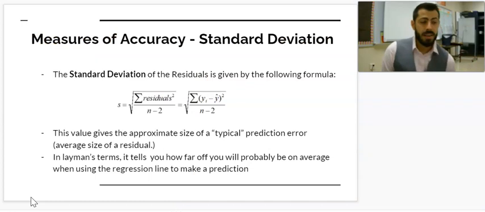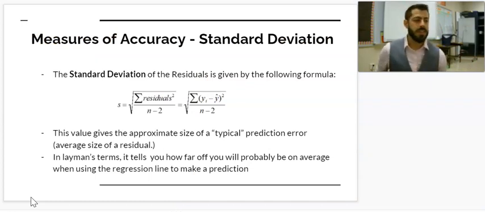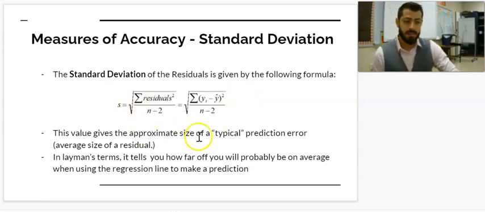Next up, we have standard deviation. So the standard deviation in regression is the standard deviation of the residuals, right? It's not something that's talked about very commonly. It's not something that you calculate by hand normally. And the reason for that is this.